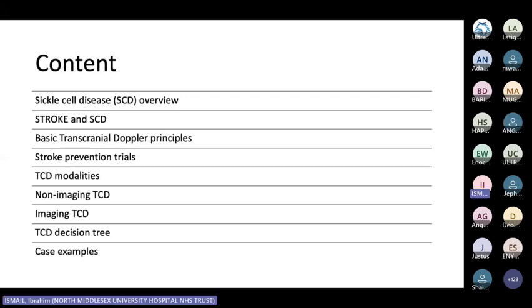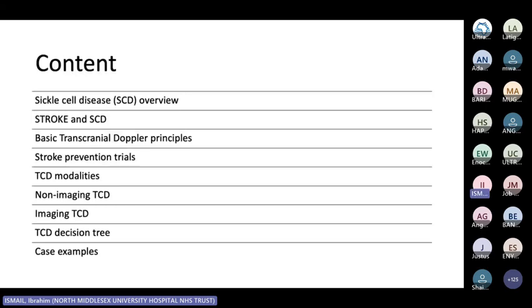So moving on, essentially we look at stroke and SCD, and basic transcranial Doppler principles. I won't go into too much physics, but it's important to understand some basics with regards to the physics involved. Then stroke prevention trials. These trials provided the foundation for all the screening that we provide today.